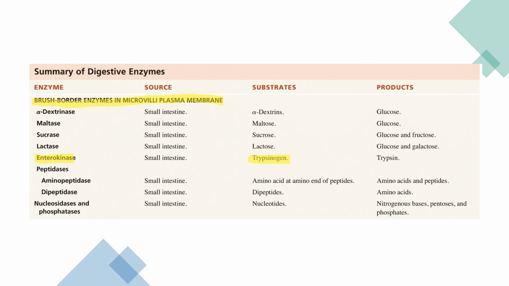And once it reaches the brush border in the small intestine, enterokinase will activate it into trypsin, so that then trypsin can go and start digesting proteins, as well as activate other pancreatic enzymes that are inactive. So this specific activation occurs in the small intestine so that trypsin won't start breaking down proteins on its path from the pancreas to the small intestine.